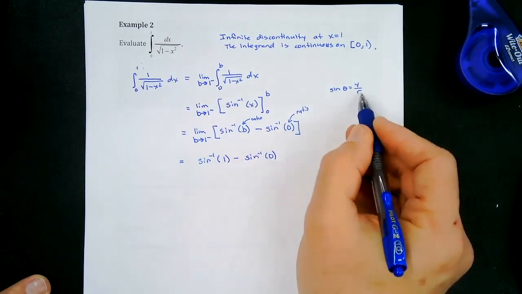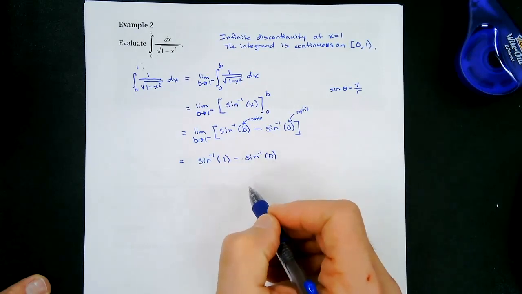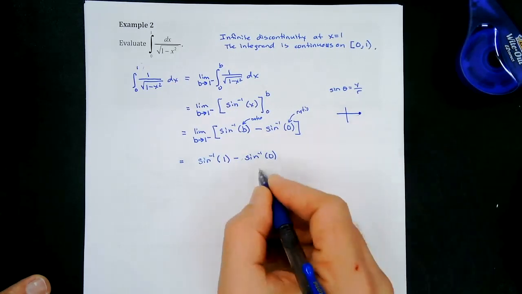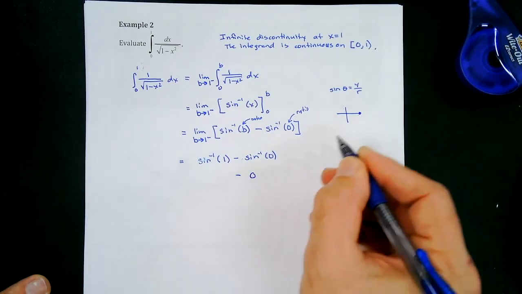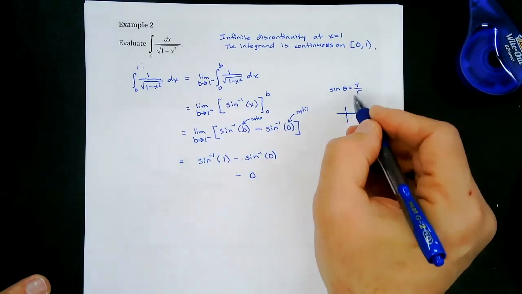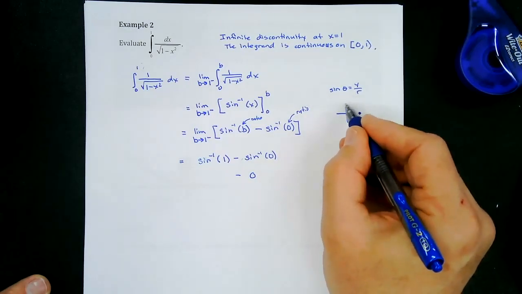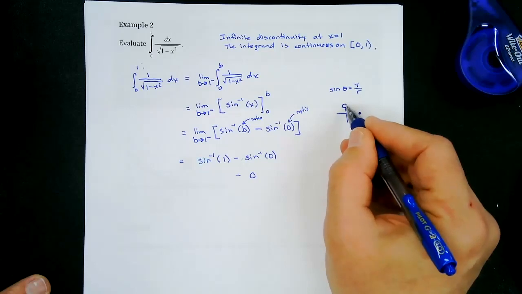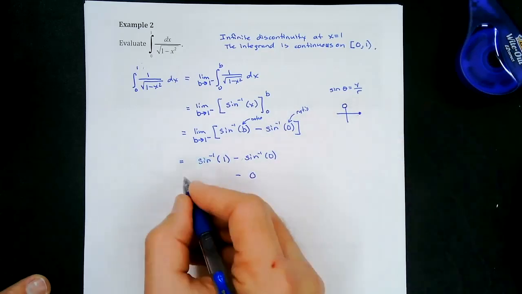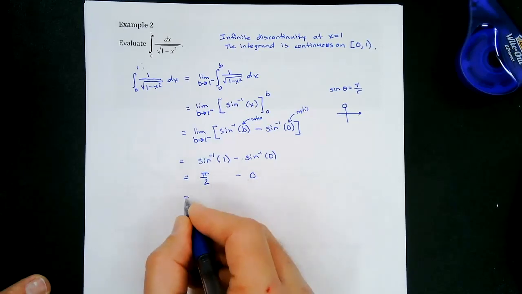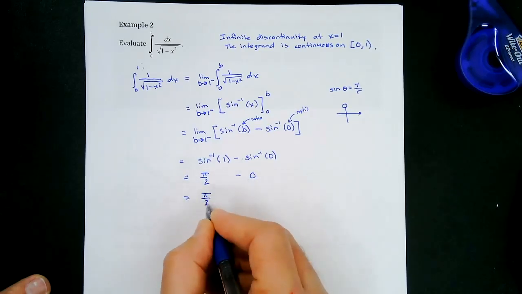The only way for this ratio to be 0 is when the angle is 0. So that happens right here. So this one is angle 0. When do we get y and r to be the same value, both positive? It's going to happen for sine inverse right at 90 degrees or pi over 2. So this winds up being pi over 2 minus 0, or simply pi over 2.